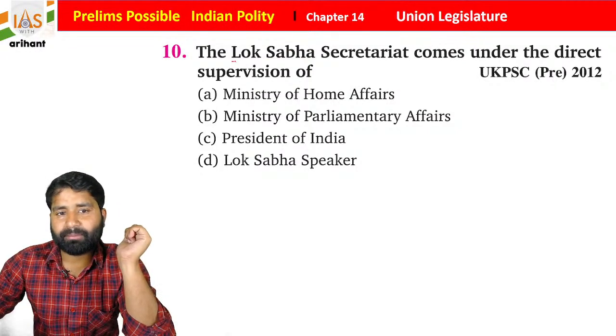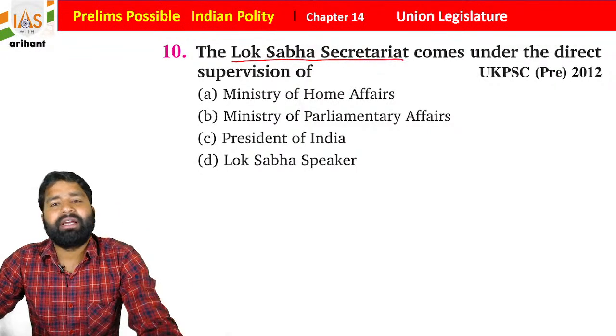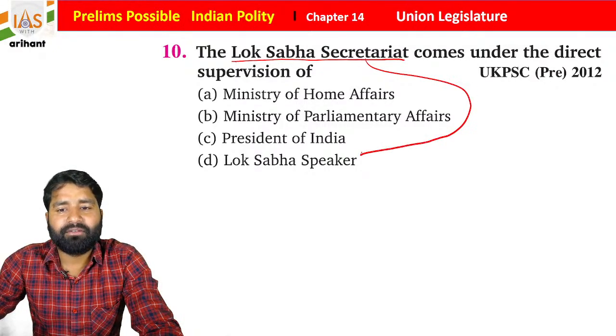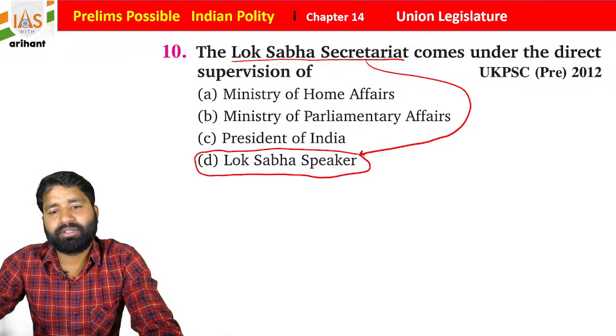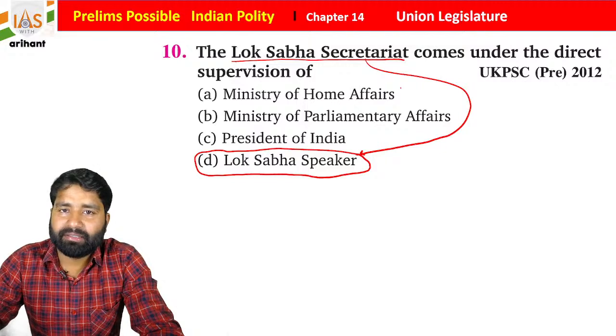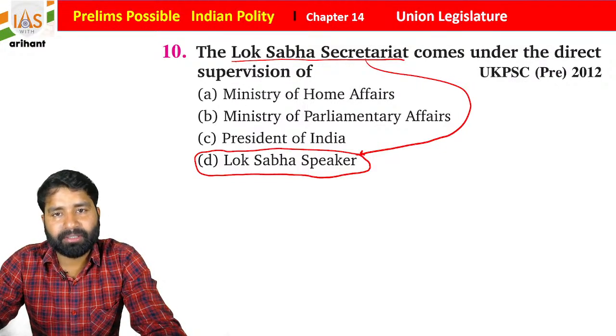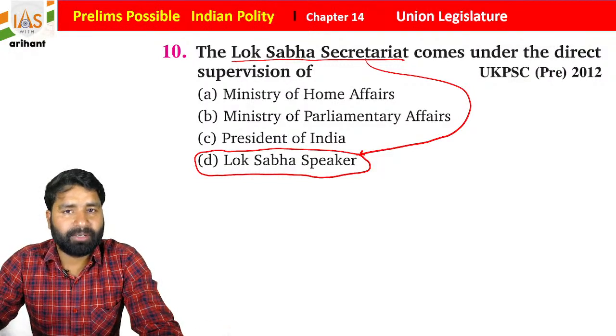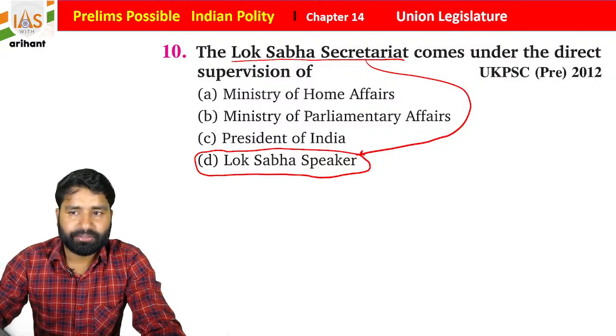The Lok Sabha Secretariat will be under the supervision of the head of the Lok Sabha. And who is the head of the Lok Sabha? Basically the Lok Sabha Speaker, who presides over the Lok Sabha, students. He is an elected member, a member of parliament, chosen by the members of Lok Sabha as Speaker. So this is important.